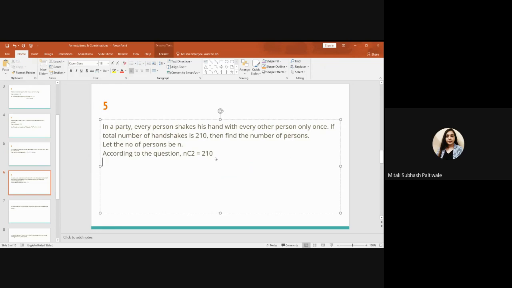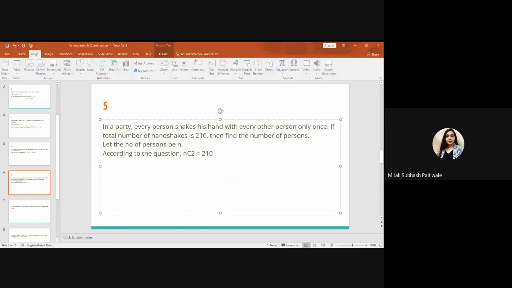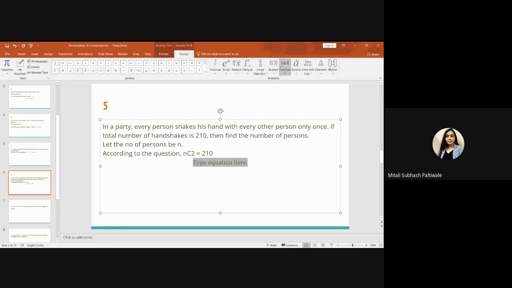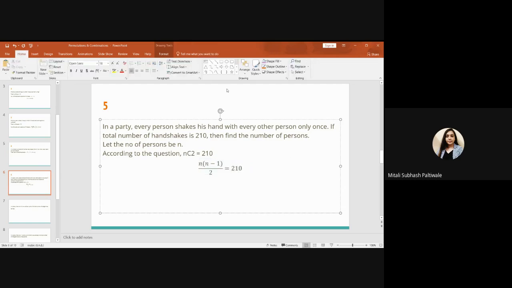Now we have to find how many people there actually are. Then I'll do one thing, I'll just put down an equation. This would become the 2 in fractions. So this would become n into n minus 1 by 2, which is equal to 210, because 210 handshakes are being done.